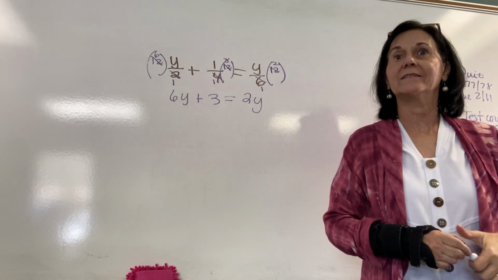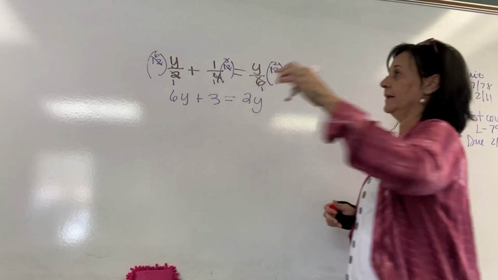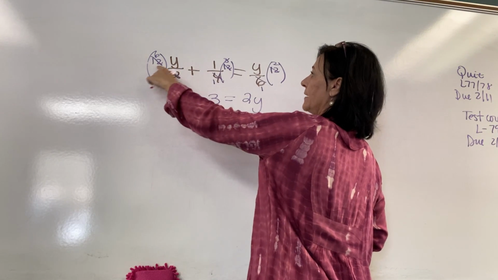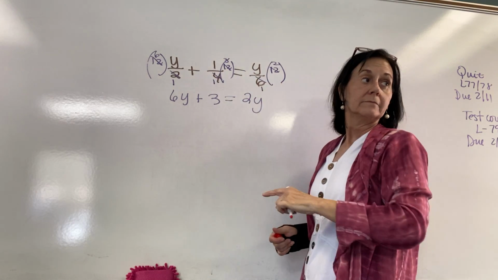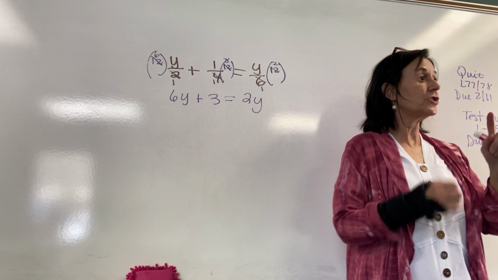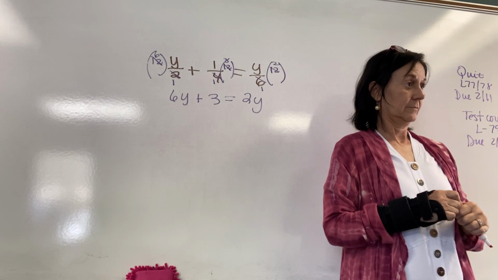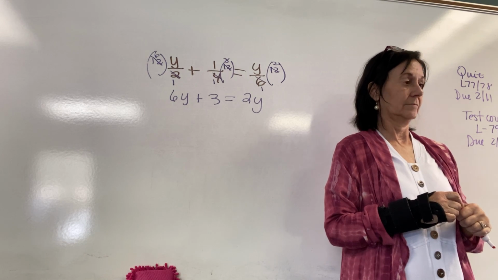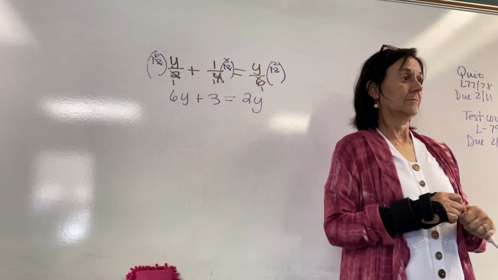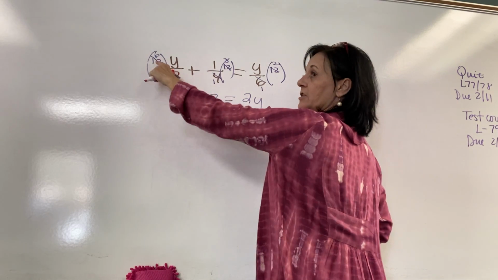We're not going to solve it because you know how to do that. So y over 2, I multiplied every term by 12, because that was the common denominator. That's what 2, 4, and 6 all go into. Then I simplified. How can I simplify 2 and 12?